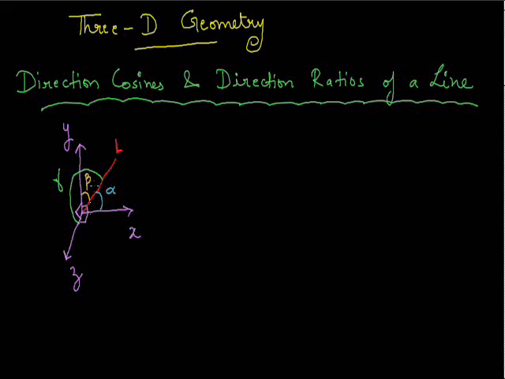These angles alpha, beta, gamma, which this line makes with x, y, and z axis respectively, are called direction angles.